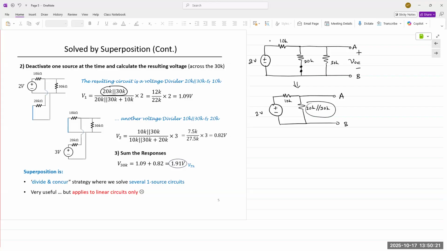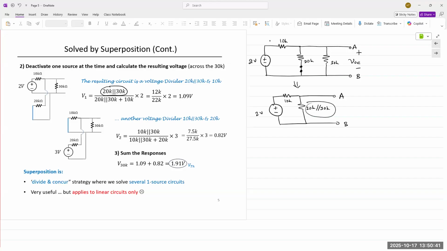In this case, it's still the same circuit that we saw previously. Two resistors in series. We're trying to find the voltage across A and B. The Req would be 10K plus the parallel combination of 20 and 30.